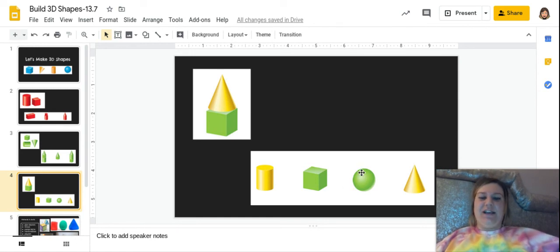What about this? Did I use a sphere to build this? No. And what about my cone? Did I use a cone to build this? Yes. So the cone is stacked on top of the cube. Good job, boys and girls.